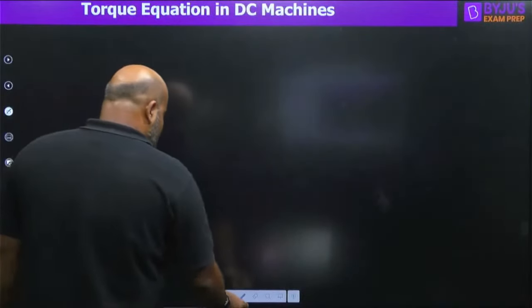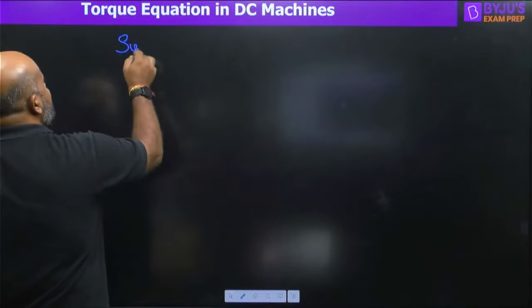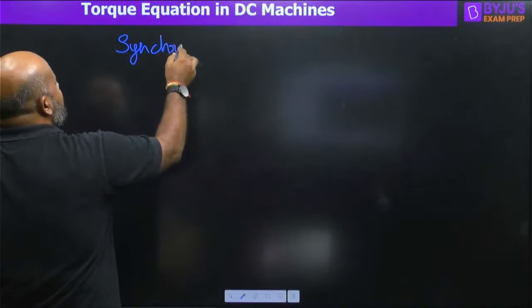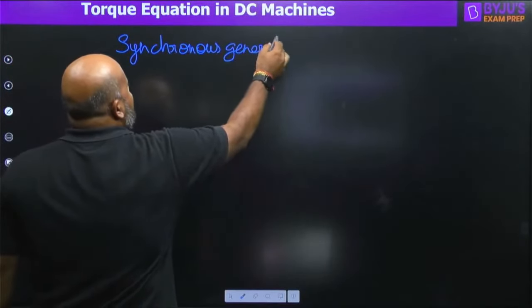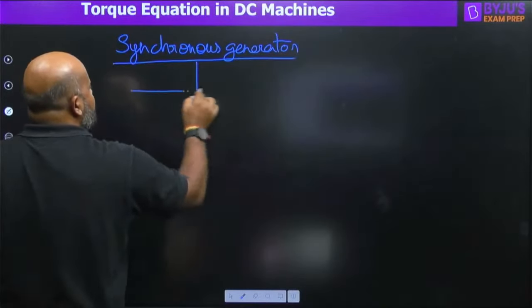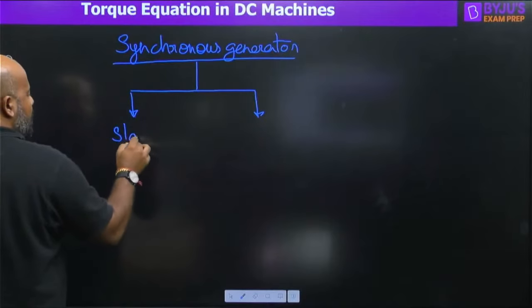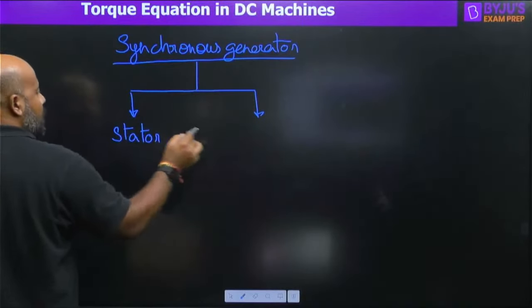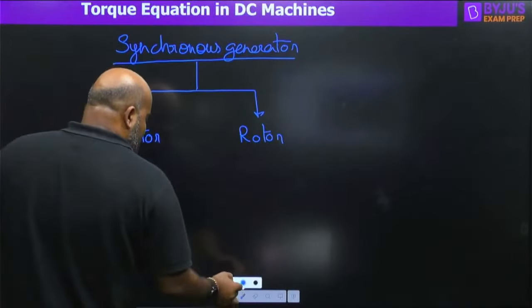If you talk about a synchronous generator, like any other machine, it basically has two parts. One is the stator and the other one is the rotor.